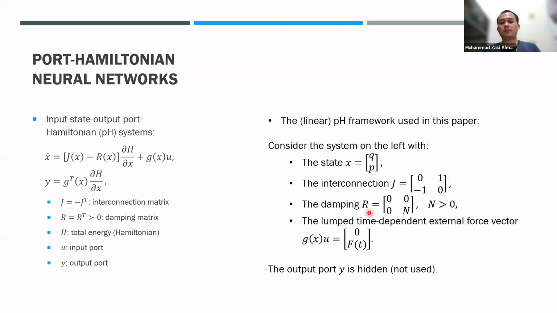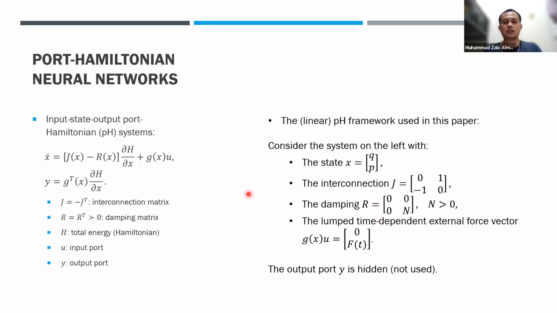And we have the constant damping coefficient 0, 0. So we only have N here in the bottom right corner, with N must be positive because in the Port-Hamiltonian setting, the matrix R should be positive semi-definite.